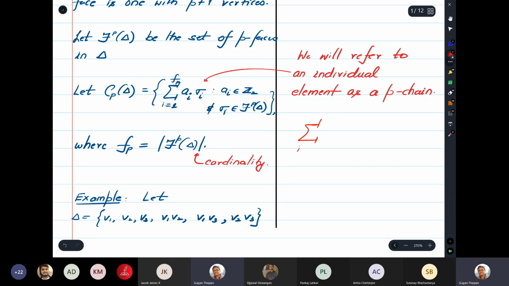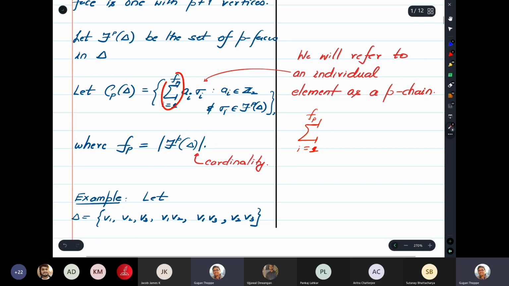So first, notice that the summation index actually goes from 1 to little fp. So what is little fp? Well, little fp is the cardinality of this calligraphic F p of delta. Recall, this is the set of all p-dimensional faces in delta. So the cardinality will tell us the number of p-dimensional faces in delta. Okay, so little fp refers to the number of p-dimensional faces in delta.